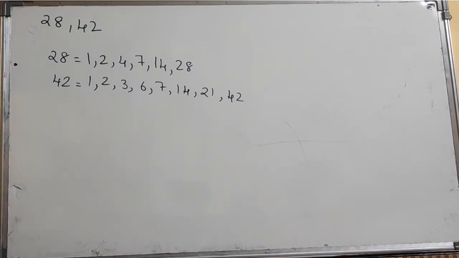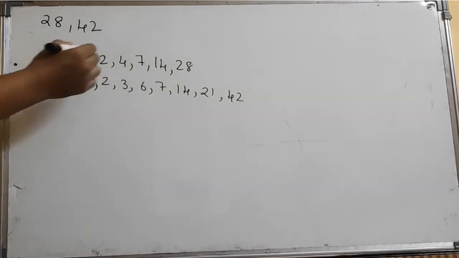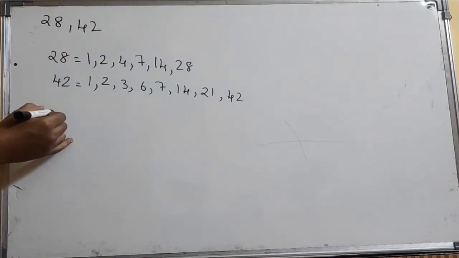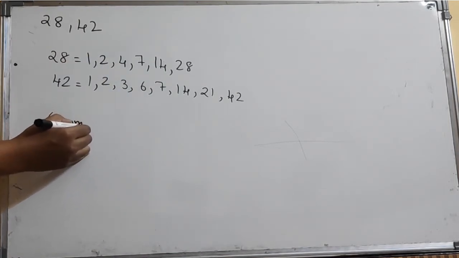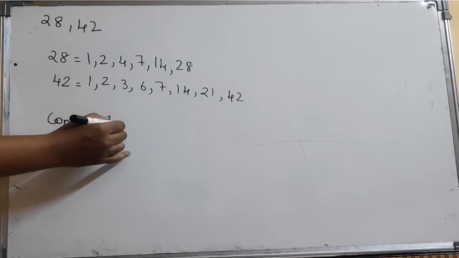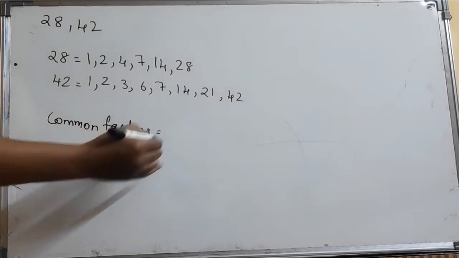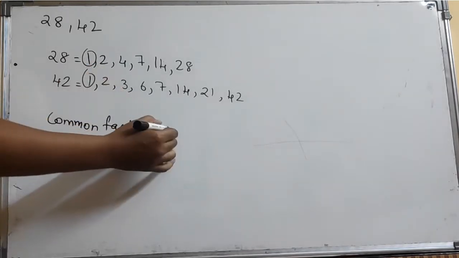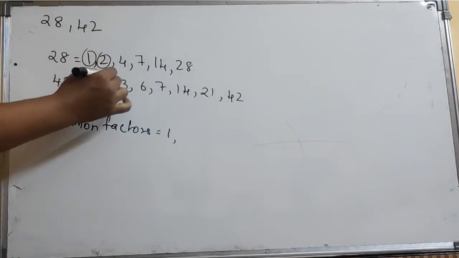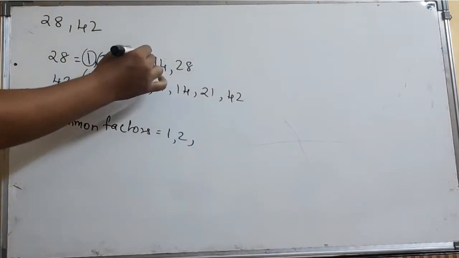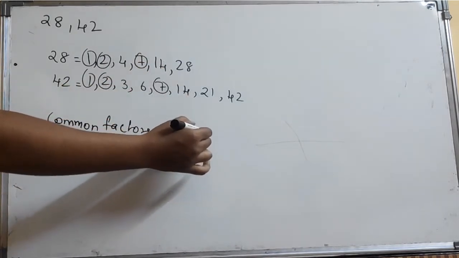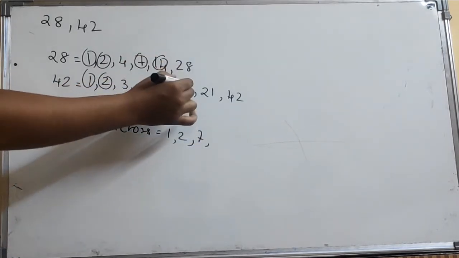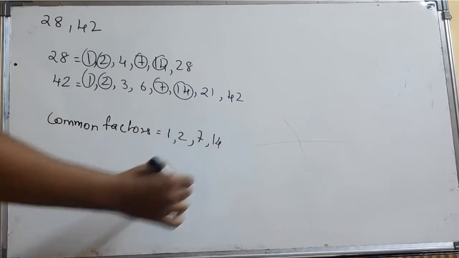After this, we found out all the common factors. So we listed down all the common factors of these two numbers. The common factors are 1, 2, 7 and 14.